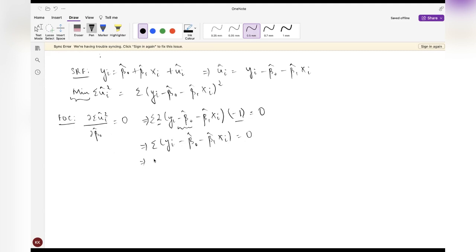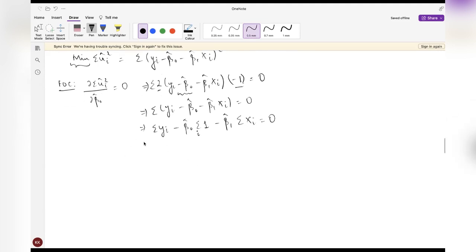Let's open this summation. So we will get summation of yi minus beta naught hat into summation of 1, because beta naught hat is a constant and the summation is over i, or observation values, minus beta 1 hat summation of xi is equal to 0. Now taking these terms to the right hand side, we will get summation of yi is equal to beta naught hat summation of 1 plus beta 1 hat into summation of xi.